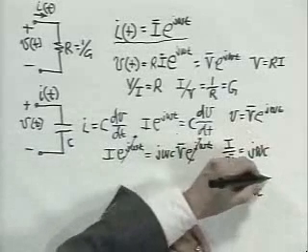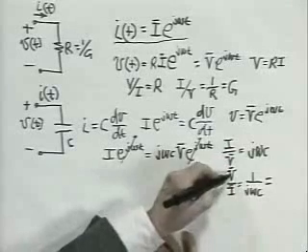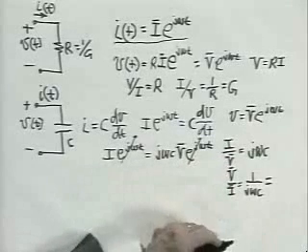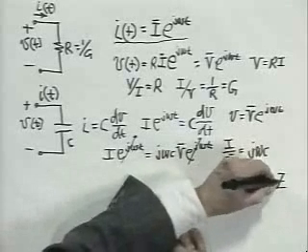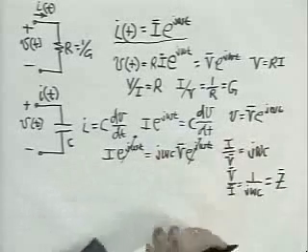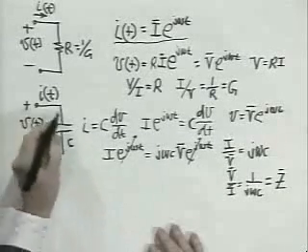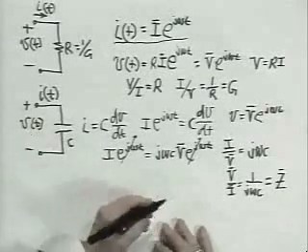This relationship, the ratio of the voltage to the current, is called, by convention, the impedance, Z, a complex number. The impedance of this capacitor at frequency omega.